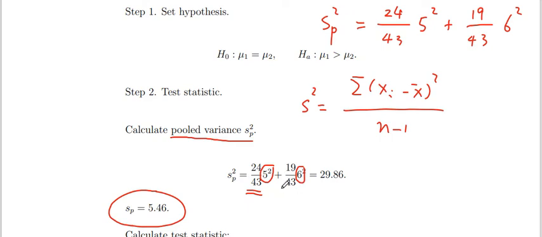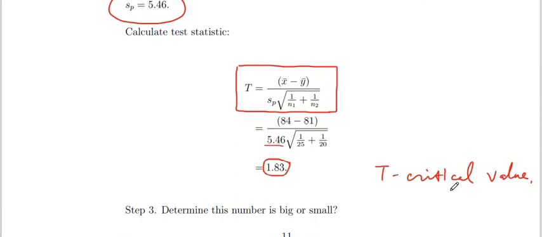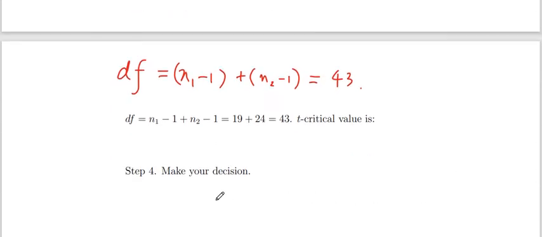Here the denominator is 43, so 43 degrees of freedom. In this case, the degree of freedom is just n1 minus 1 plus n2 minus 1, so this is 43.